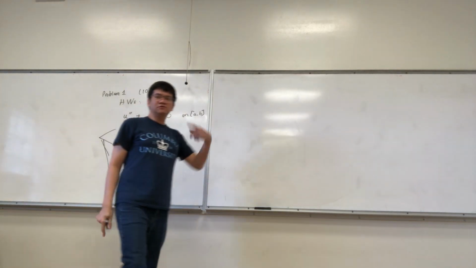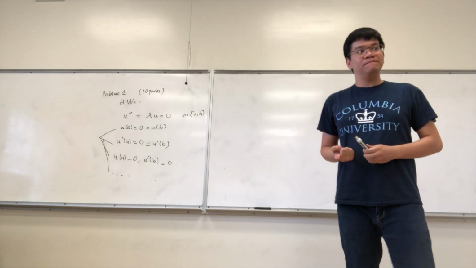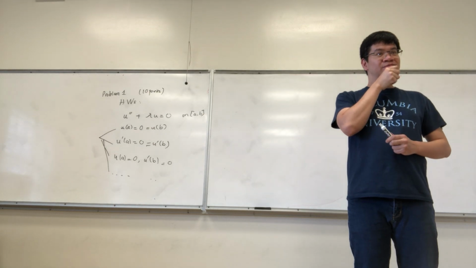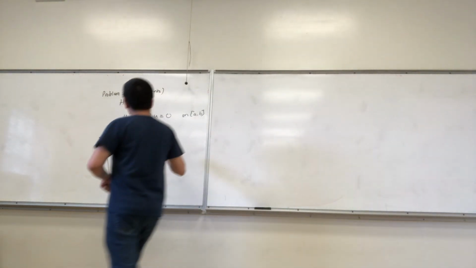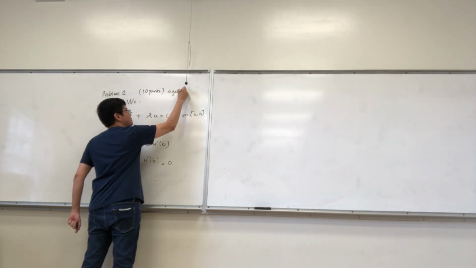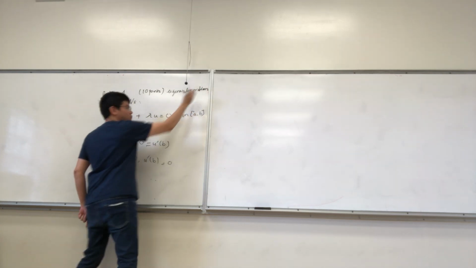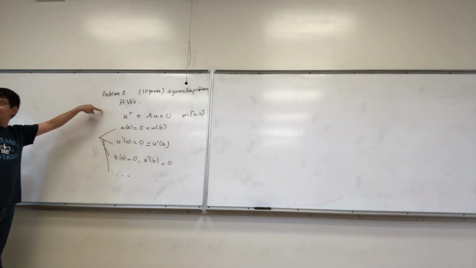So the first question is: what kind of problem is it? The eigenvalue problem. So the first problem will be an eigenvalue problem. The framework will be the same, exactly like in the homework.